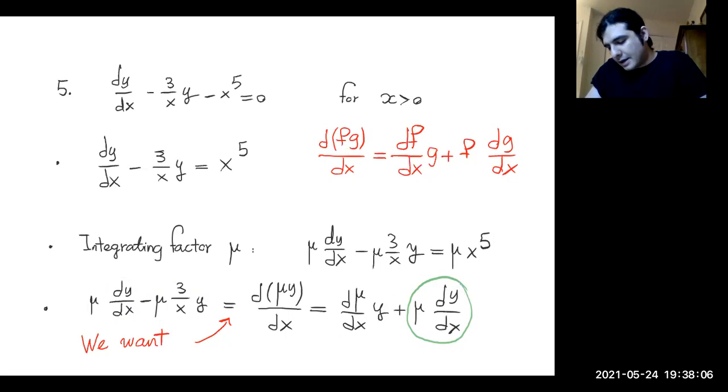I want the left-hand side, what I have here, to be equal to this. That might be wishful thinking. That might not happen. Maybe it's not possible to find any function mu such that the left-hand side is equal to this. That is possible.